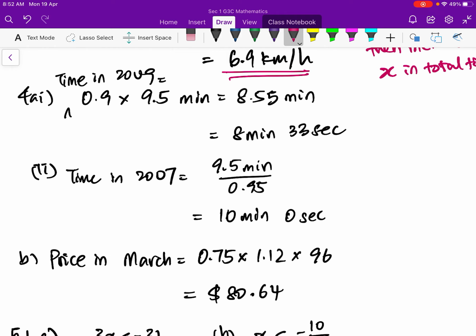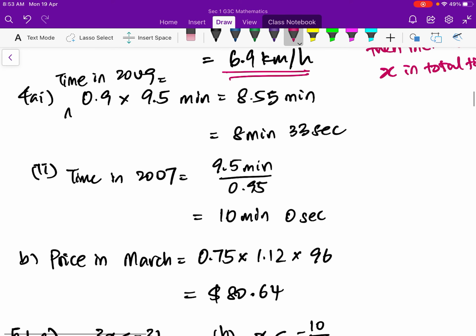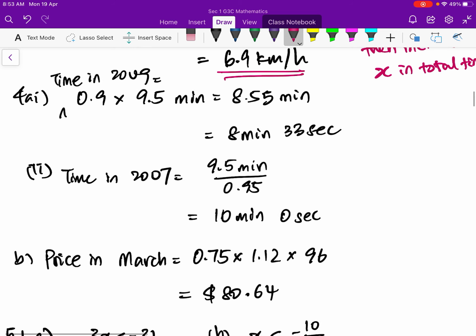So now our 100% will represent the time in 2007. Now it has changed. 100% represents the time in 2007. And if in 2008 this particular time was 5% less, then it gives us 95%, which will represent the time in 2008.